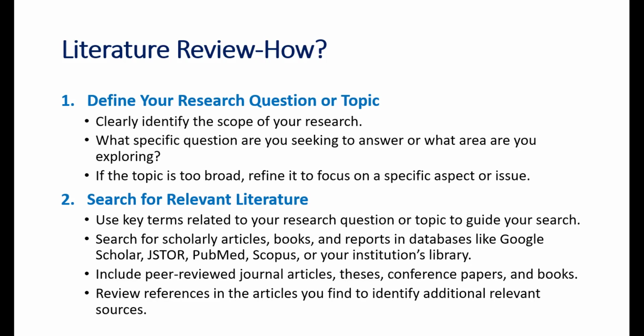So peer-reviewed articles, journals, theses, books, and conference papers have much more value and credibility than, let's say, a news article published by a writer without any review. Then review the references in the articles that you find to identify additional relevant sources.